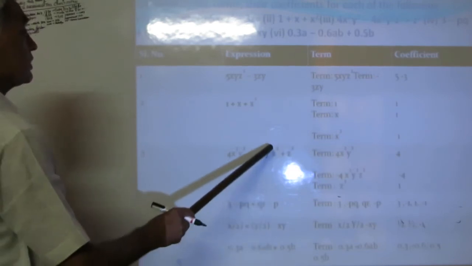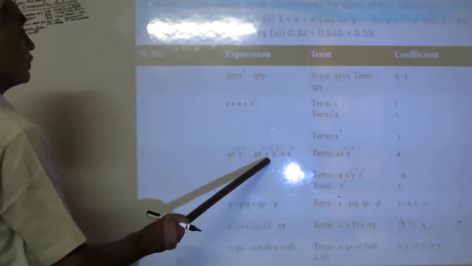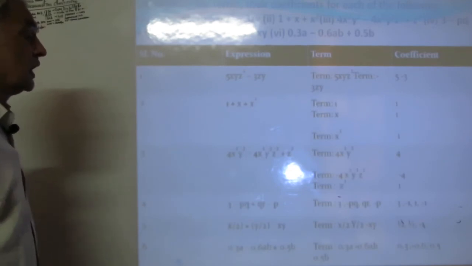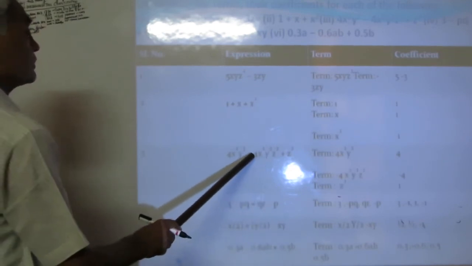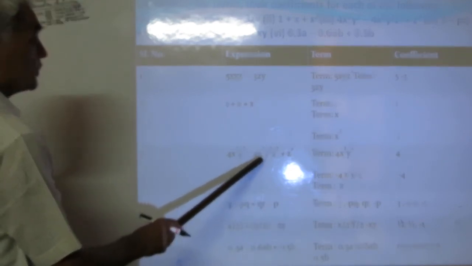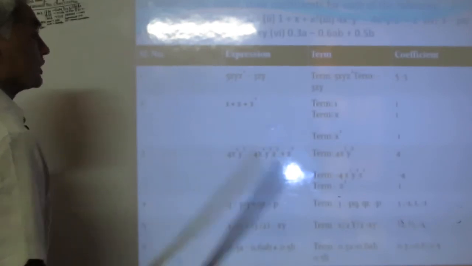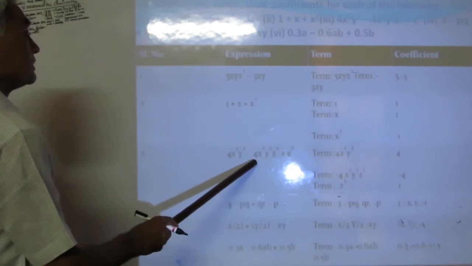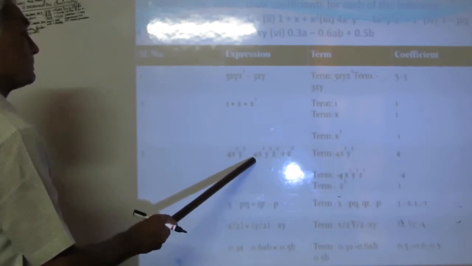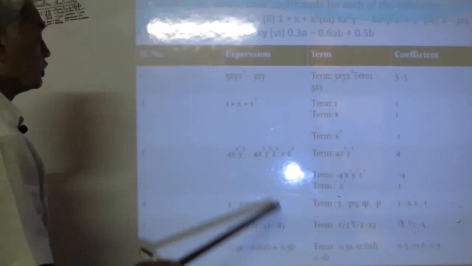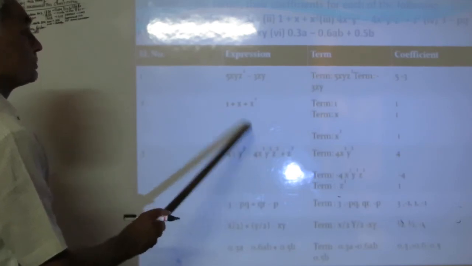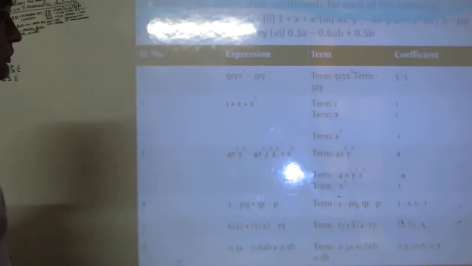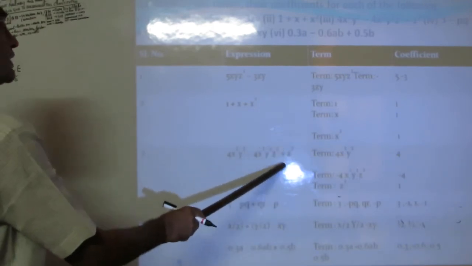The second term is minus 4x square y square z square. And here the coefficient is minus 4 because x square, y square, z square are the variables. So the coefficient is the constant which is multiplied by this. So here the constant is minus 4. Now the third term is z square. Coefficient of z square is 1.